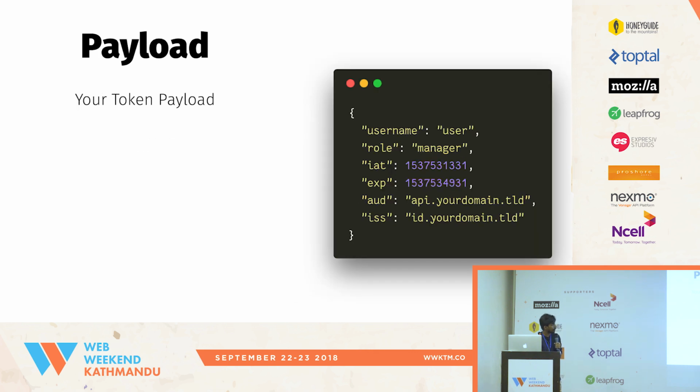The payload. When you decode that, you get this. It has claims, and you can see it is completely in JSON format. So you can have things related to your user authentication. It has the issuing time and expiration time, and the username and role are from my side.